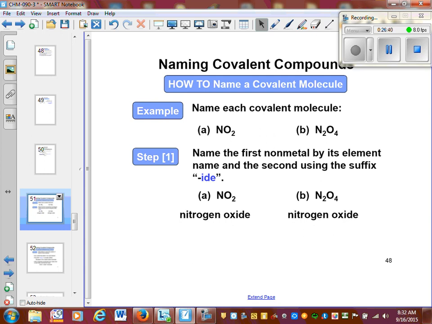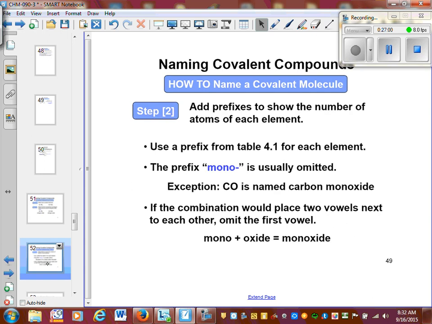So here it's nitrogen. If the subscript is 1, we don't use mono. CO, carbon monoxide.